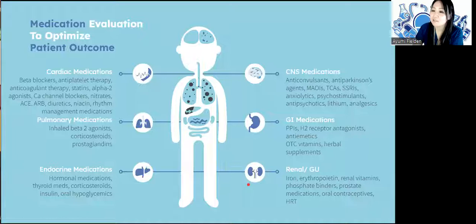Okay, so let's talk about some of the medications. I keep saying optimizing medication, right? So let's talk about the medication evaluation to optimize patient outcomes. I do want to talk a little bit about cardiac medications, pulmonary medications, endocrine medications, central nervous system medication, GI medication, renal and GU medication.